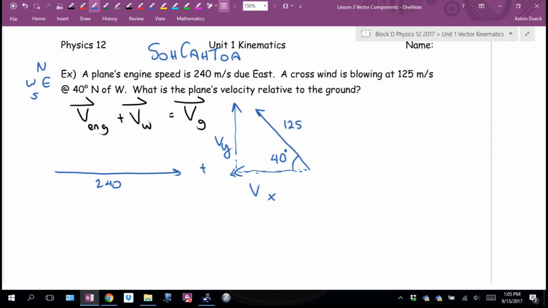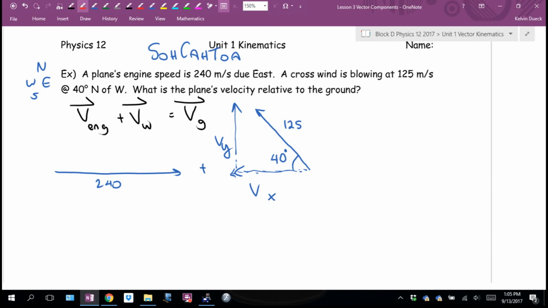I can already tell you that 240, I'm going to subtract Vx from it because Vx is pointing in the opposite direction of 240. Yes? So I'll have to do a little winner minus loser. Then I'll combine that with Vy, and I'll get an answer. Is that okay? If you feel comfortable and you want to try going ahead, go ahead. I'm going to slowly talk my way through this, though.